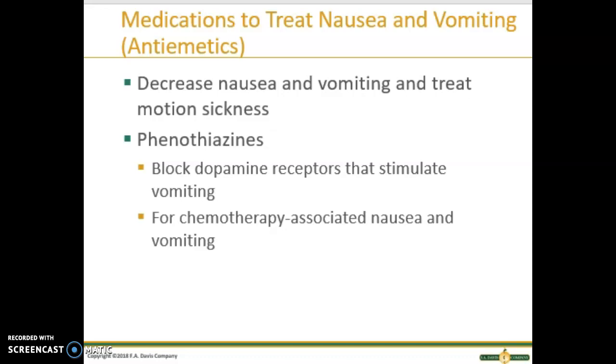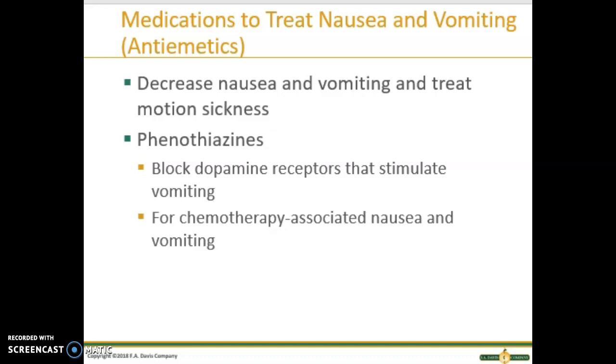Other antiemetics are believed to block signals to the brain movement center to prevent and treat motion sickness or act on the chemoreceptor trigger zone, which allows medications or hormones to initiate vomiting. One other way that antiemetics may work is to decrease the hyperactivity of the smooth muscle of the gastric mucosa.